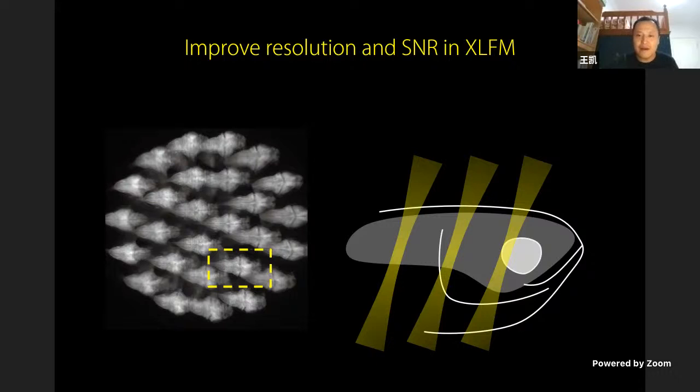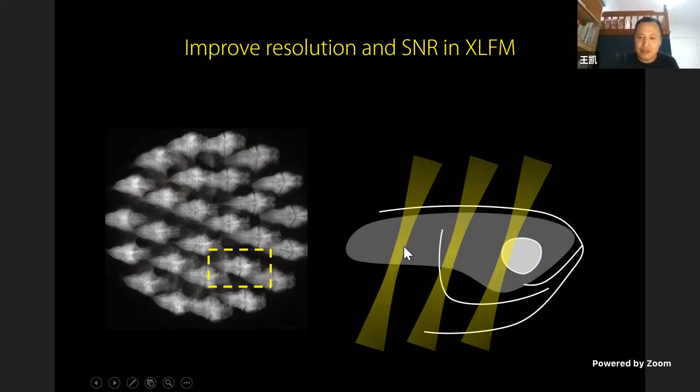So we want to have an optimal resolution coverage over the whole brain, so that the beam in that design has a small numerical aperture, so that the Rayleigh range of that beamlet can be optimized to cover the whole zebrafish brain.